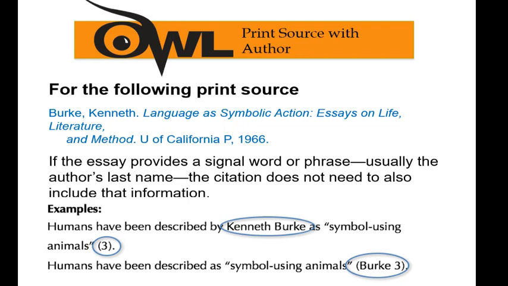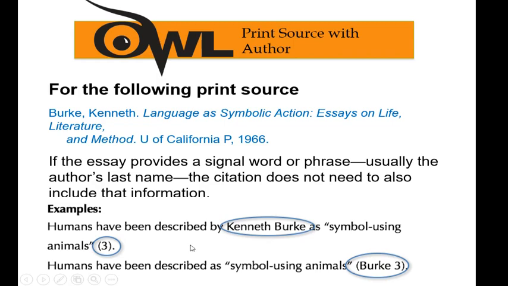So students, here we have some other examples. If the essay provides a signal word or phrase, usually the author's last name, the citation does not need to also include that information. So examples. Humans have been described by Kenneth Burke as symbol-using animals. You can see that you can have the complete name of the author and finally you include the page number.